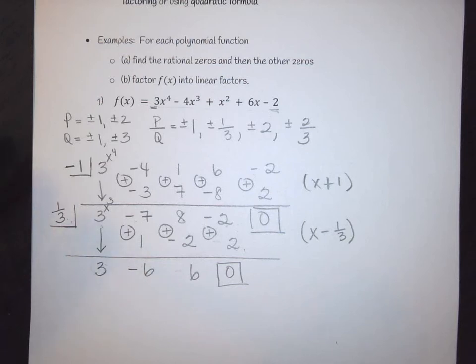Some of you are going to find that you are doing synthetic division for a really long time, and others are going to find that you can do it really quickly.